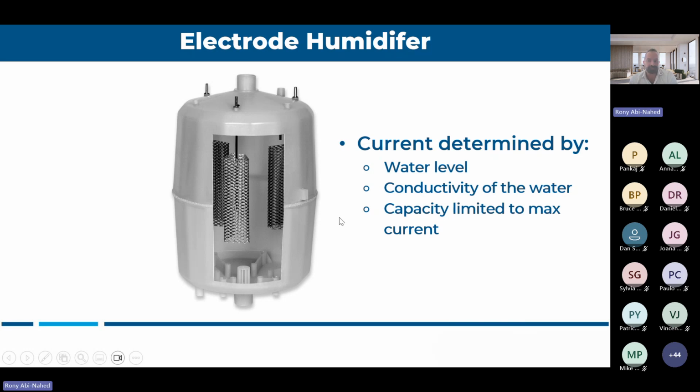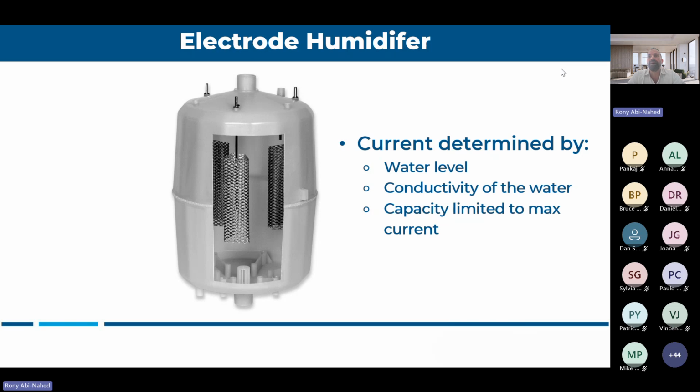So electric humidifiers. You have two options to design with. You can go with electrode or resistive. What's electrode? As you can see here, electrode comes in white plastic cylinders, and it works with conductivity. So for this type of technology, the only water that you should be using is city water, because this unit works with conductivity.